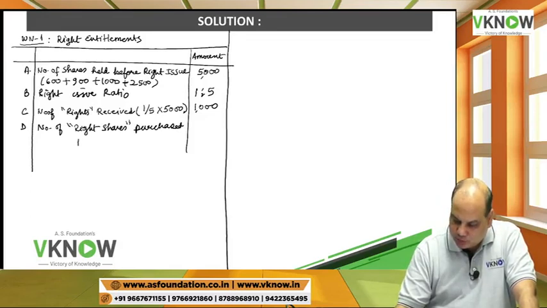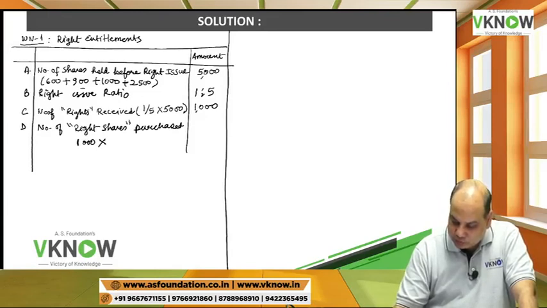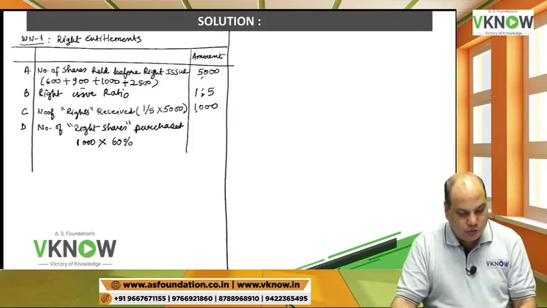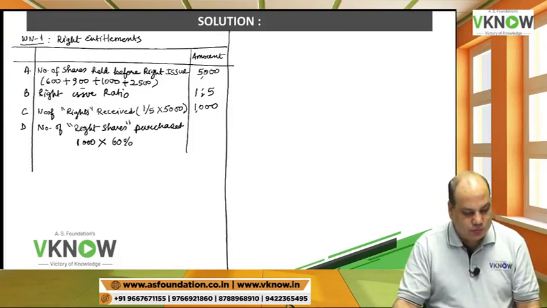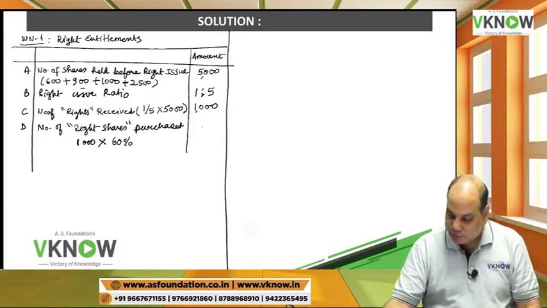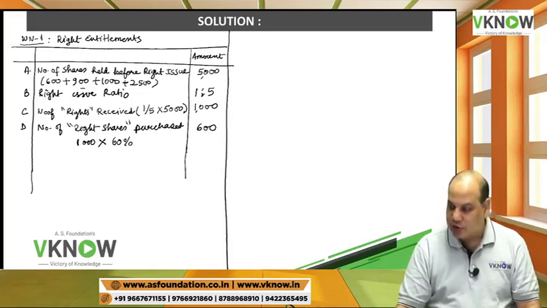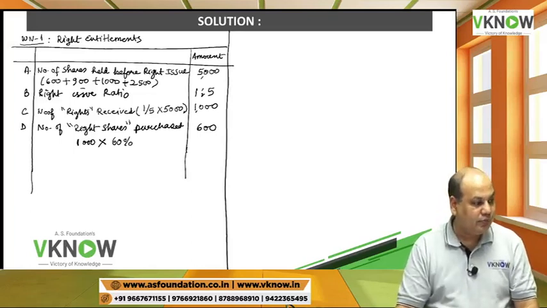So you have been given in the question, 1000 into 60% rights were exercised. Can you look at the adjustment number 2? 60% of the shares were subscribed. So 600 right shares were acquired.